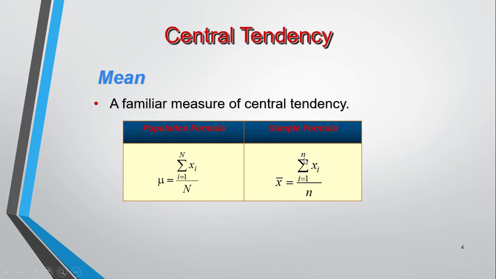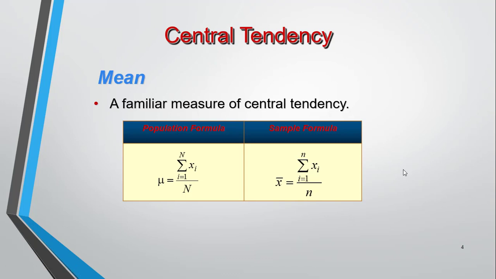Please notice we use a lowercase n instead of capital N for a sample. So the total number of observations in the sample is lowercase n, and the sum is divided by lowercase n to get the sample mean. Straightforward. The mean is a familiar measure of central tendency.